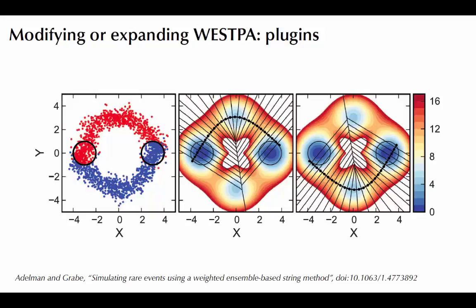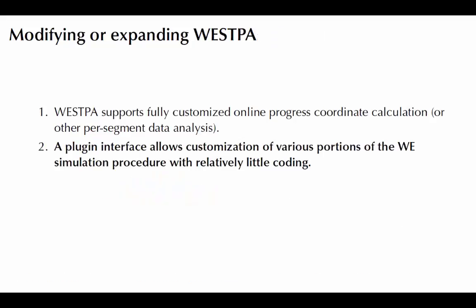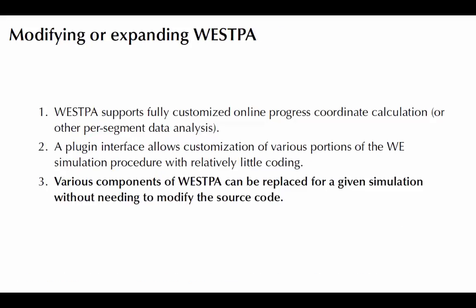And to do this, he had to adaptively redefine the bins as the simulation went on. He did this in just a few hundred lines of code using the plugin facilities that are provided by WESTPA. The point is that you don't have to rewrite big chunks of WESTPA to do what you want to do. But if you want to rewrite a big chunk, you can.